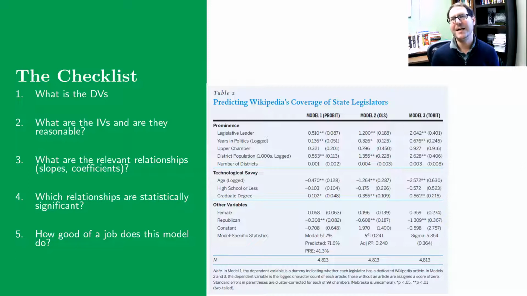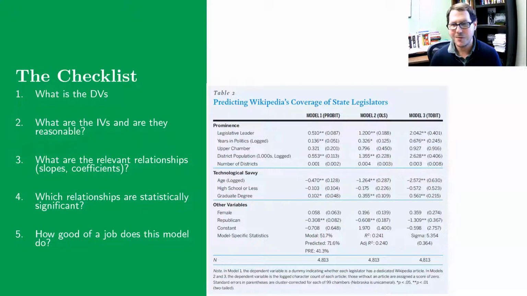All right, and then finally, I would say take a look at whether or not you think the model is doing a good job. And if we're working with ordinary least squares regression, there's a really simple way to evaluate whether or not the model is doing a good job. There's the R-square statistic, which is the percent of the variation that we're able to explain in our dependent variable using our various independent variables in our model.